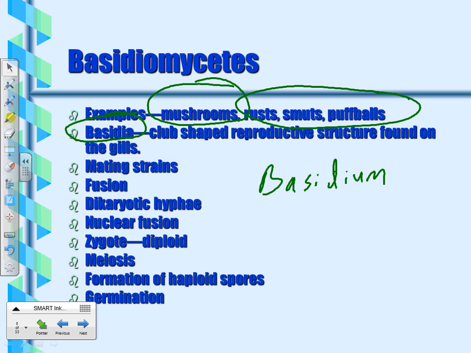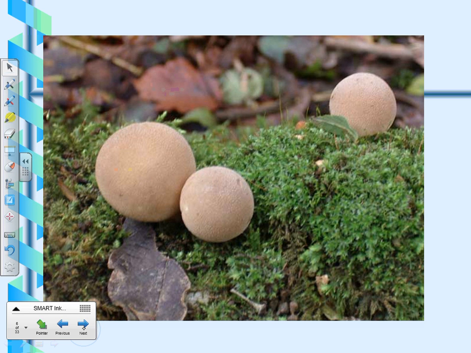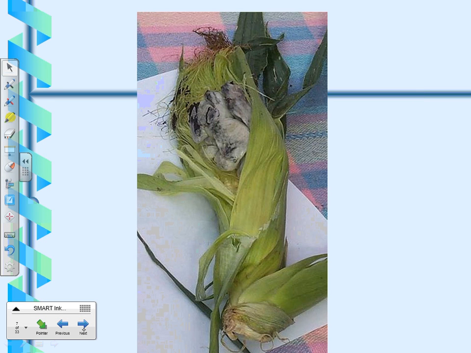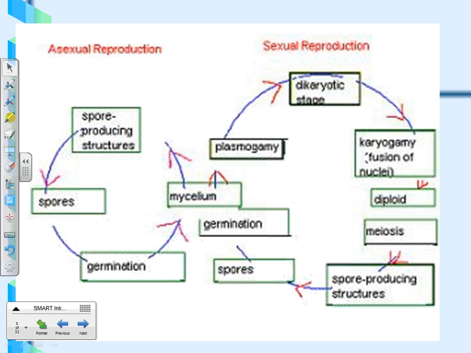We also talked last time about kind of how they reproduce. We said we don't really say they're male and female. Usually we call them mating strains because they're really not that different. And usually we identify them as plus or minus. We looked at this typical reproductive cycle here.